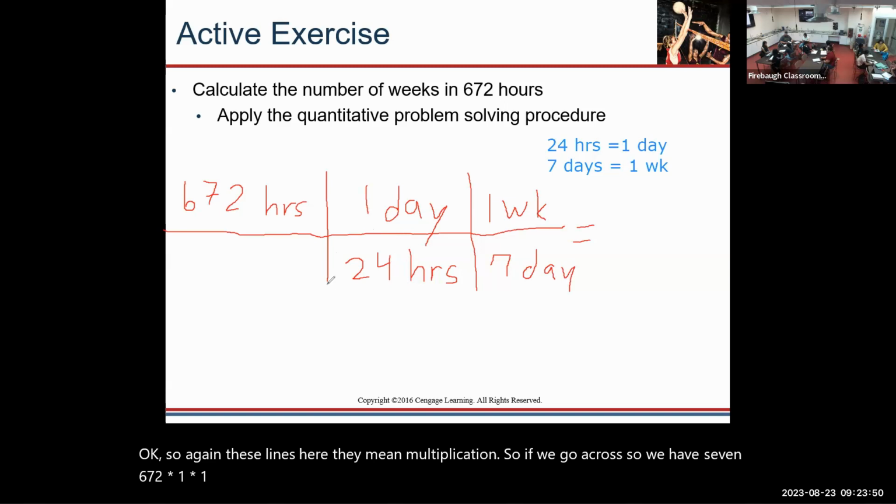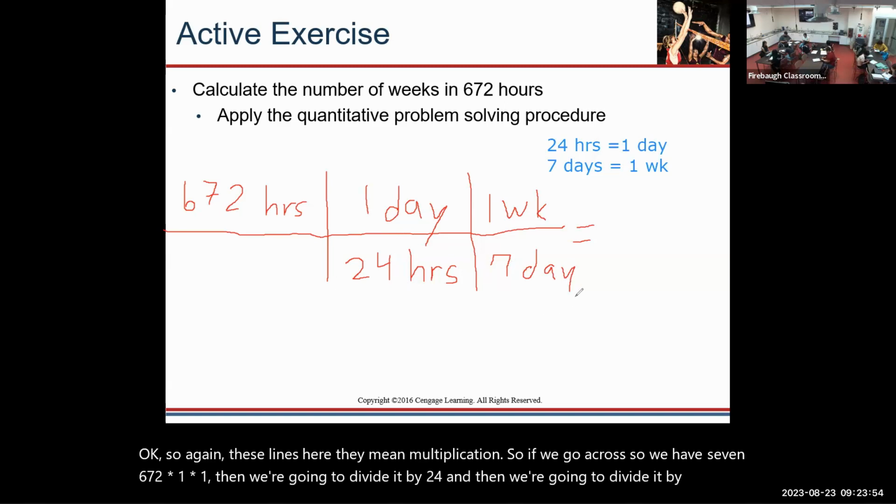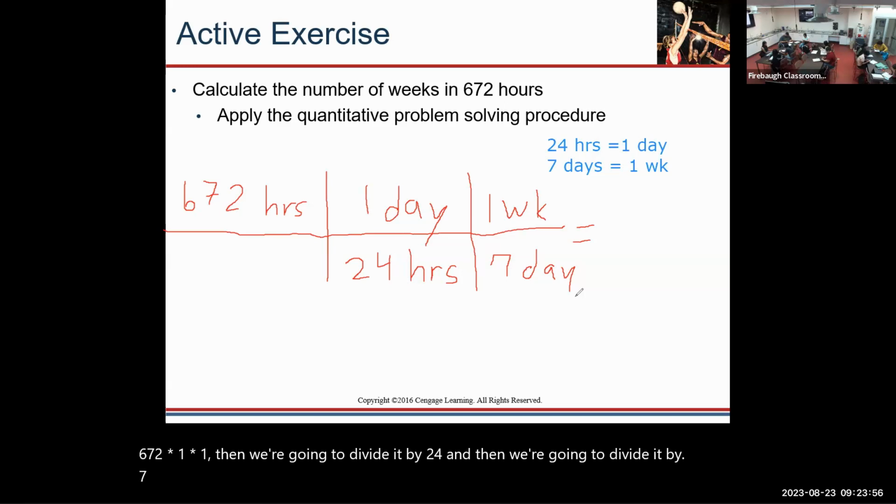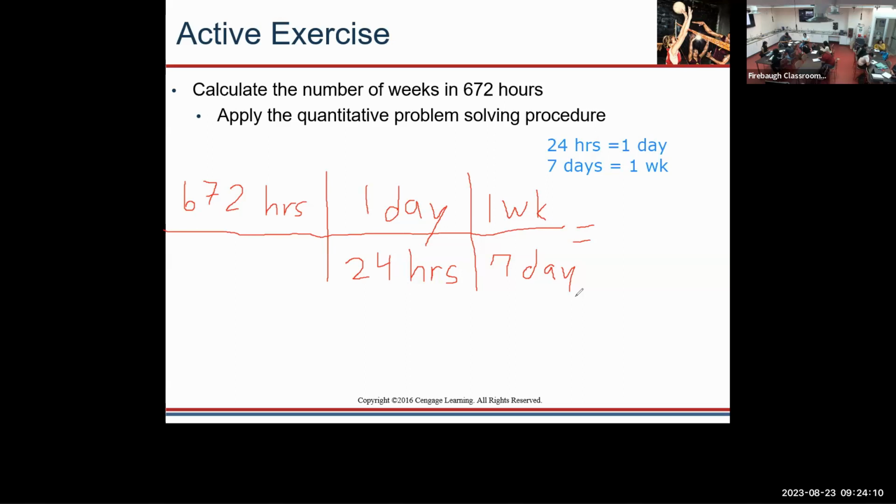Then we're going to divide it by 24. Then we're going to divide it by 7. Okay, so the answer is 4.